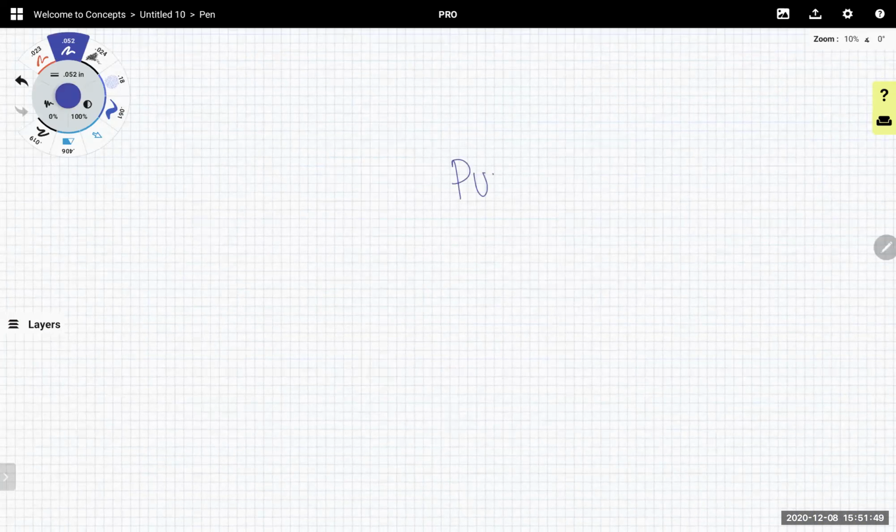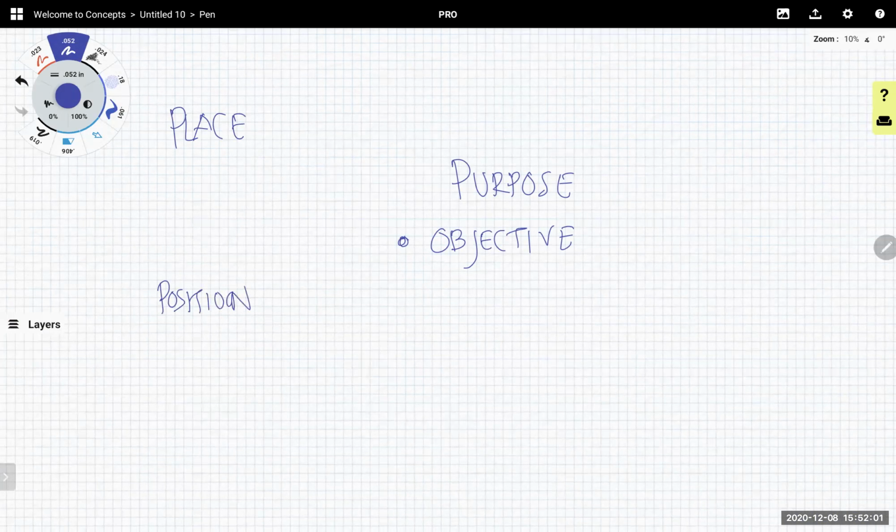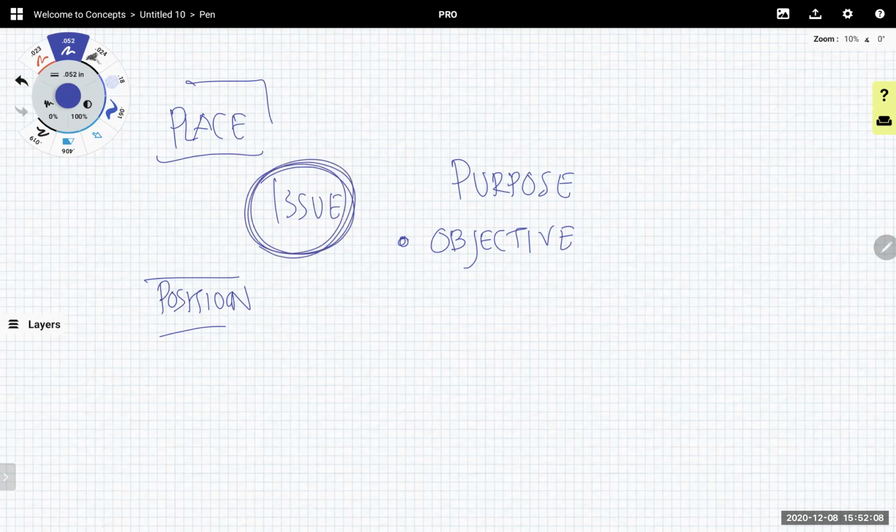So purpose, again, our first stage is defining the objective. But before that, at this moment, place and position. Position is more like a broader sense, but place is more specific. Now it's telling you the issue, as I said, what it has to be or wants to be, then objective. Then you start to think about the strategy. As I said, the strategy can be a spatial strategy, sometimes maybe not a spatial strategy, rather a program strategy.